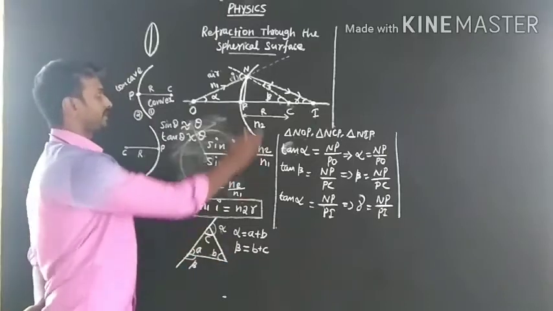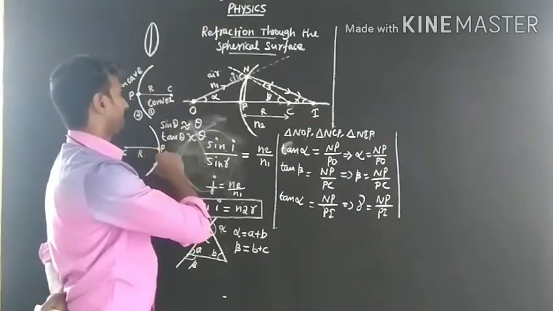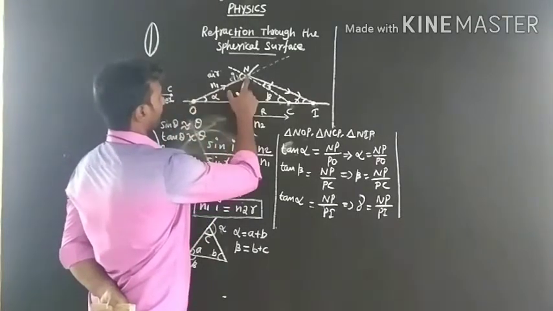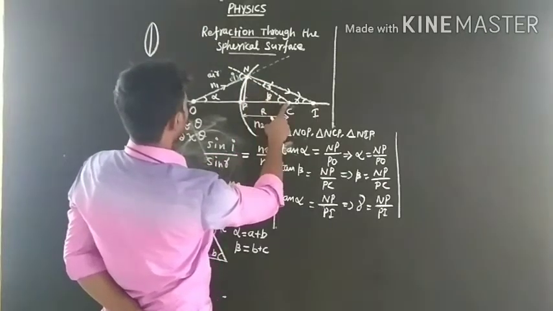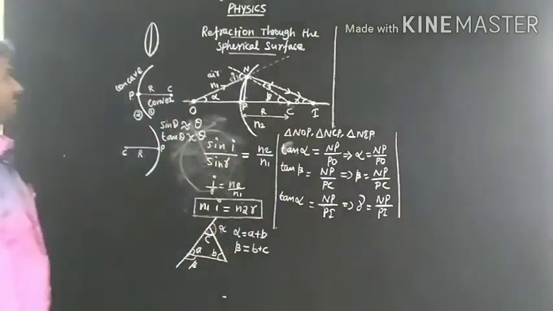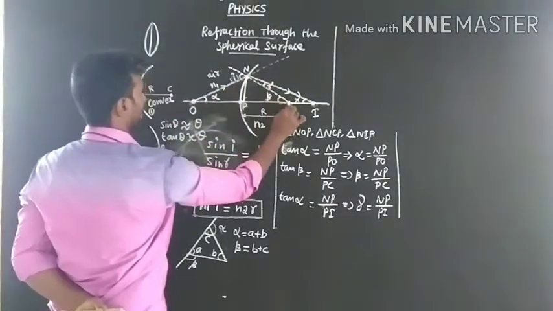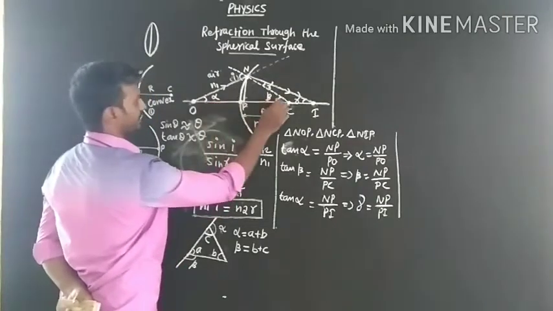Similarly, I am going to apply this rule for two triangles. One is ONC. Consider triangle ONC. For this triangle, the interior angles are alpha and beta.